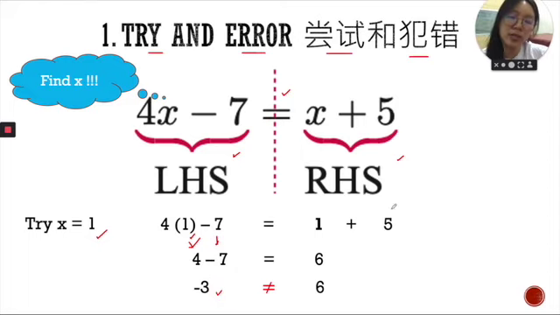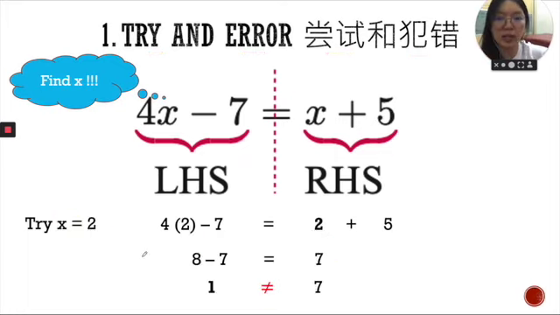And on the right hand side, I also put x equals to 1. 1 plus 5 equals to 6. And you find that negative 3 and 6, they are not equal. So x is not 1. Try again, the second one.